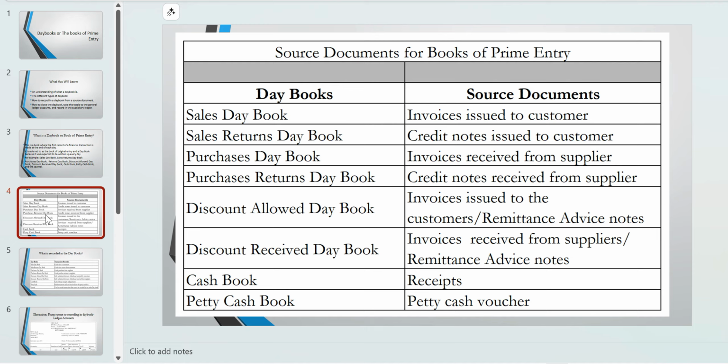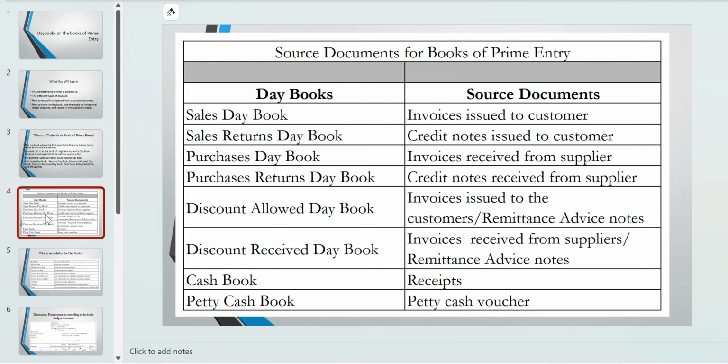When we say we have, I'm assuming here we are business owners, not individuals. When we talk about purchases returns day book, we are talking about recording credit notes the business has received from suppliers. And discount allowed day book is invoices issued to customers whereby we have offered discounts.